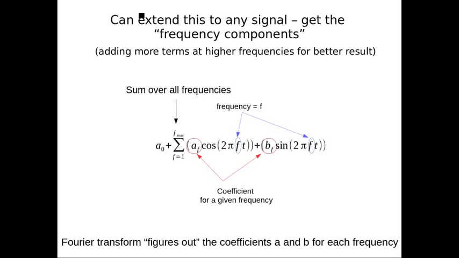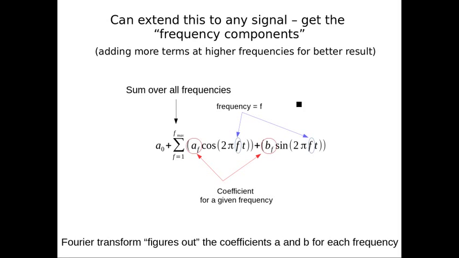Let's try to extend this idea to a slightly more general form. So now we have the sum over all the frequencies that we consider, and an amplitude coefficient at each frequency, and here a cosine and a sine for each frequency f.